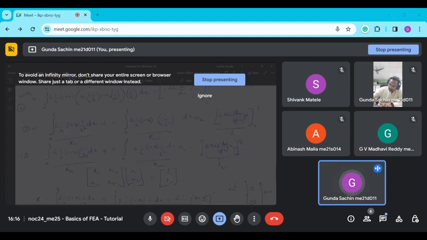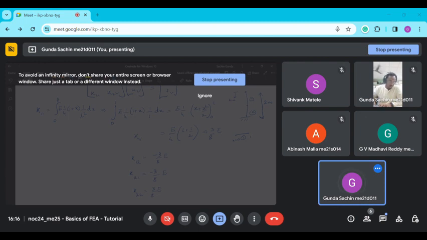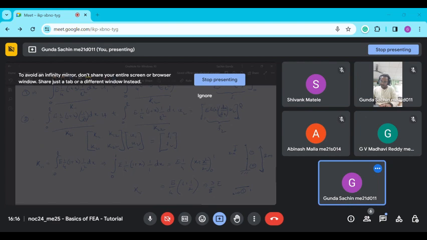So this is K12, K21 is minus 3 by 8 E, and K22 is the same as K11, so K22 is 3 by 8 E. So for the first element, our equations will be E by 8 times the matrix 3, minus 3, minus 3, 3 times u1, u2 is equal to f1 and f2. This is for element 1.